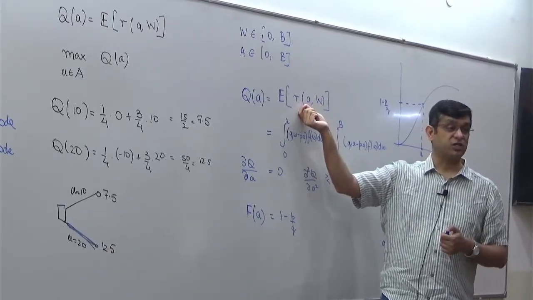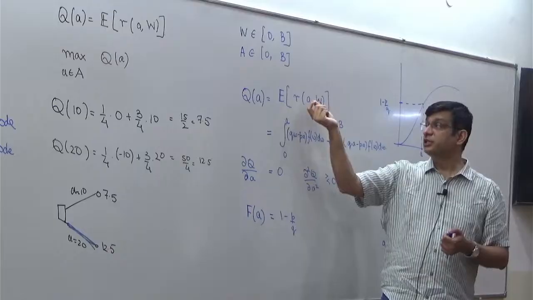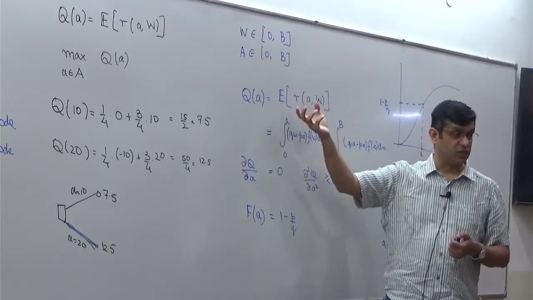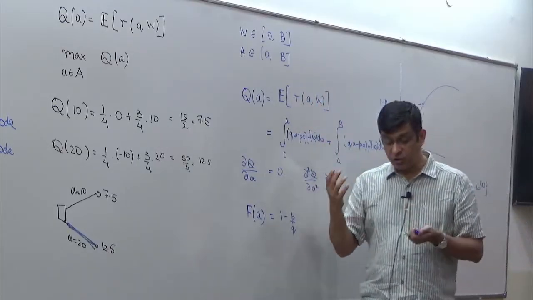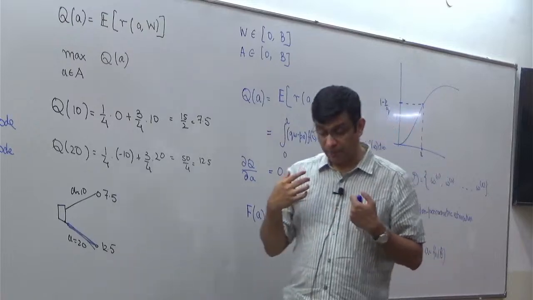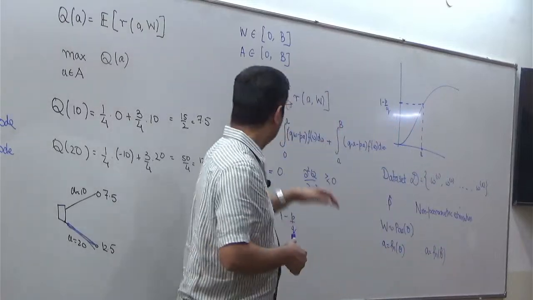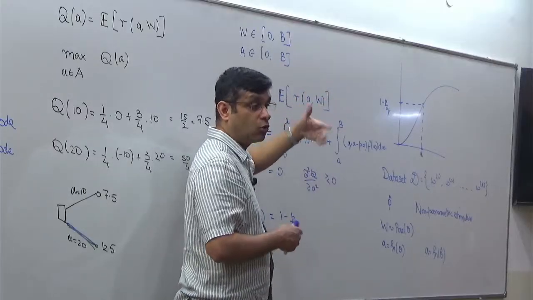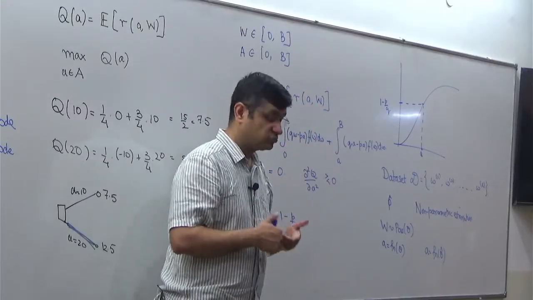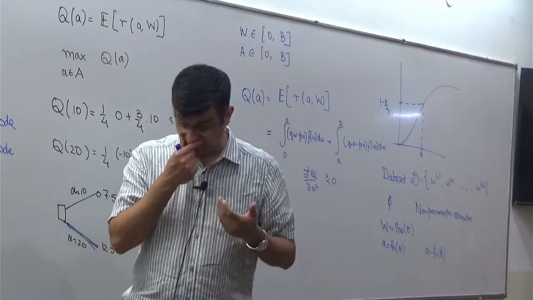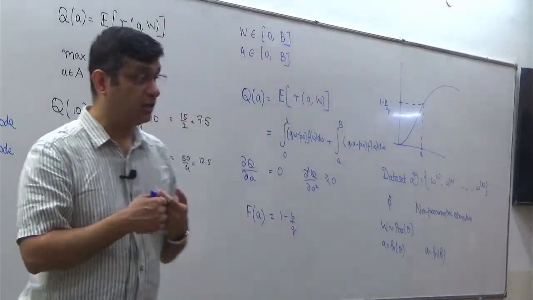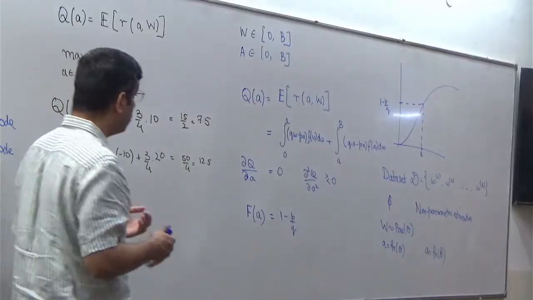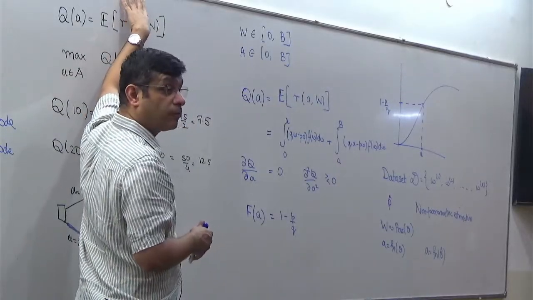If this is a function which is changing very, very fast, then small changes can lead to big changes here. So I would need certain properties of my reward function in order to guarantee how good or bad my approximation is. So that is definitely the case, and the bounds that we are going to derive later in the course will depend on properties of this.